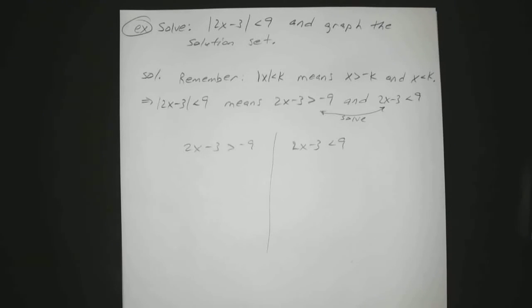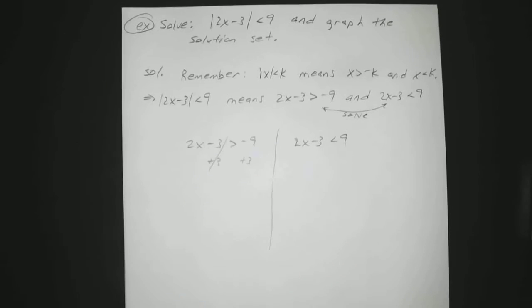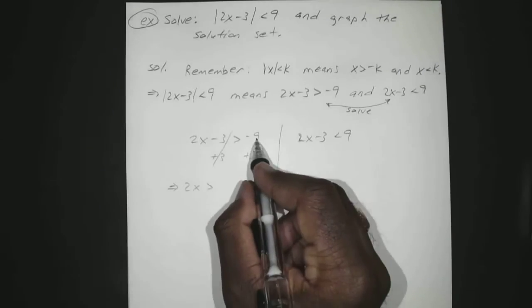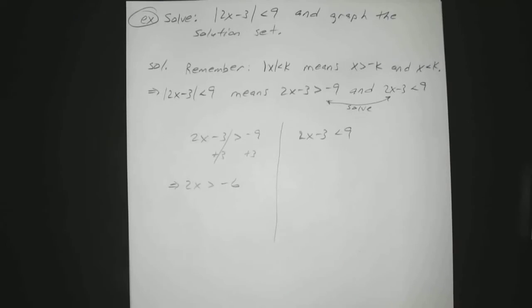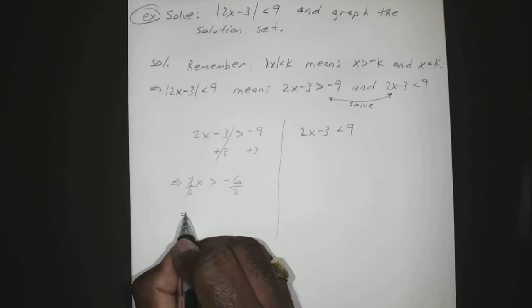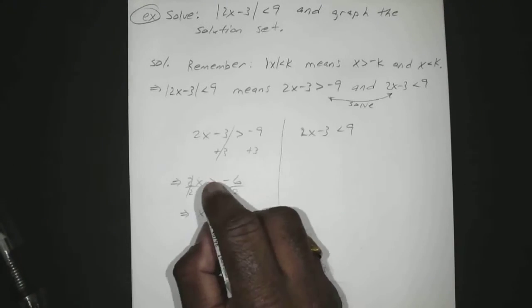And solving inequalities is the exact same as solving equations. Add 3 to both sides. So you have 2x is greater than negative 6. Divide both sides by 2. You have x is greater than negative 3.